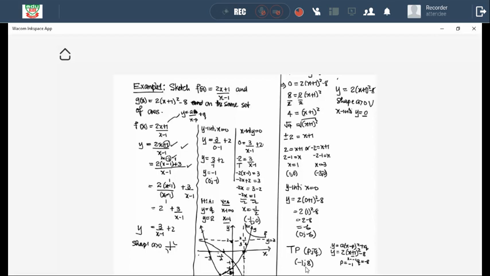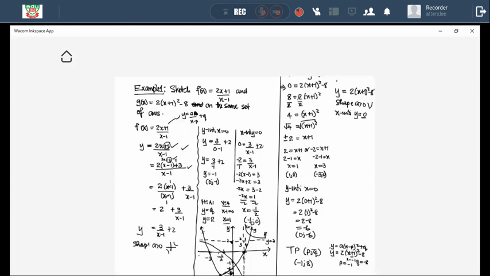Okay, thank you for your time. Hope going forward you'll be able to draw a hyperbolic function, whether it's in its general form or in standard form. In standard form, that is y equal to a over x minus p plus q.